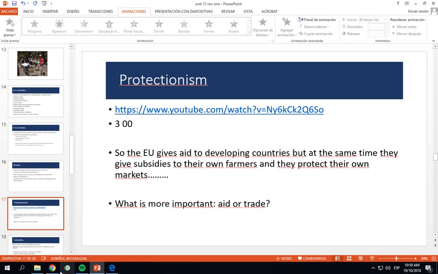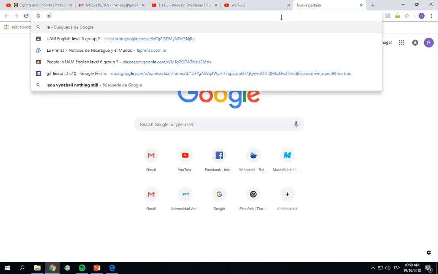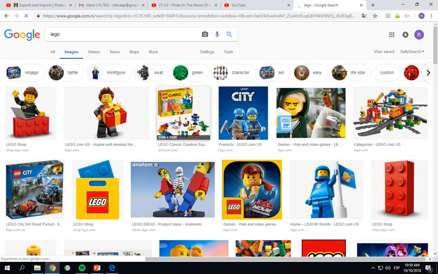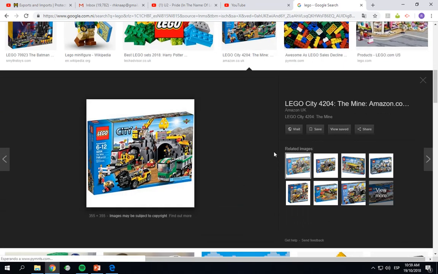You know LEGO? Do you like LEGO? All kinds of things you can buy, and I can tell you, if you buy LEGO in Nicaragua, it costs 30% more than in the Netherlands in Europe. Why?